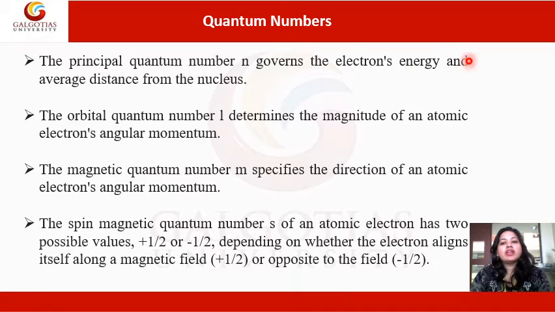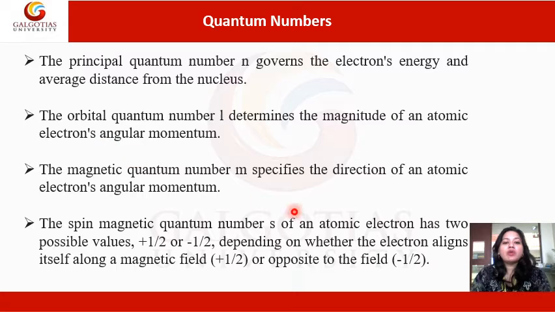The principal quantum number governs the electron's energy and average distance from the nucleus. The orbital quantum number l determines the magnitude of an atomic electron's angular momentum.